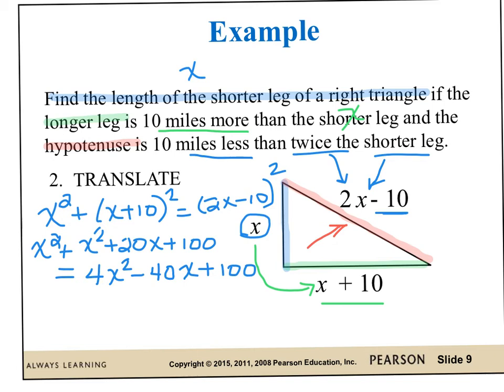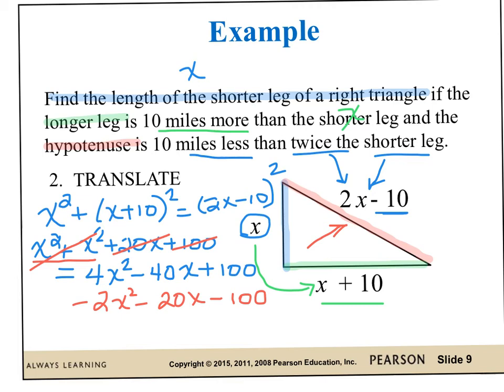And so in order to maximize the space that I have here, x squared plus x squared is 2x squared, and I'm going to subtract that from both sides. And I'm going to subtract 20x from both sides. And I'm going to subtract 100 from both sides.